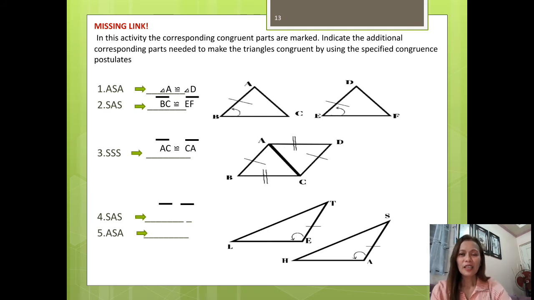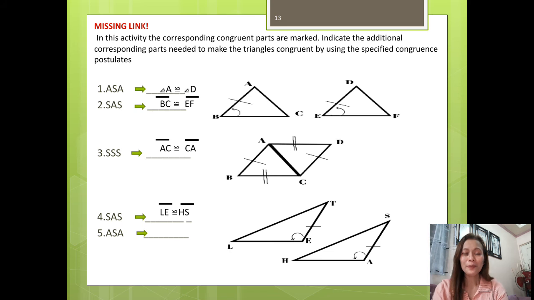Using the identical mark, there is a congruent side and also a congruent angle. Therefore, the missing one is the congruent side. So for number 4, the answer is side LE is congruent to side HS.